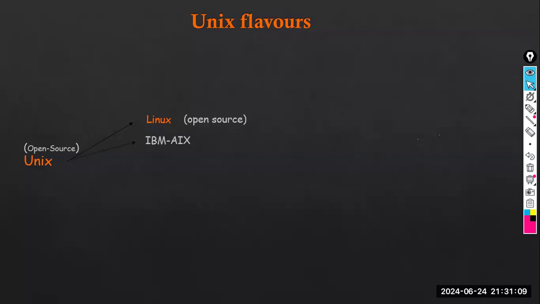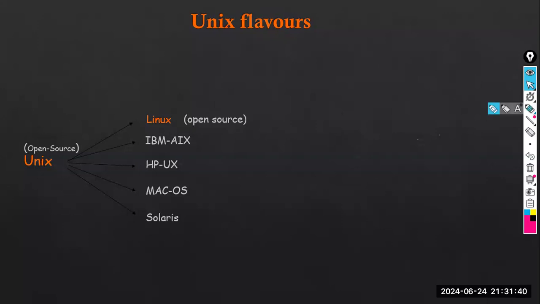Similarly, IBM company also took source code of Unix and developed an operating system called IBM AIX. HP company also developed an OS called HP-UX. They also took source code from Unix. Even Apple company also took source code of Unix. They added their flavors and named that OS Mac OS. Sun Microsystems also took the source code of Unix, added their code changes, and named that operating system Solaris.